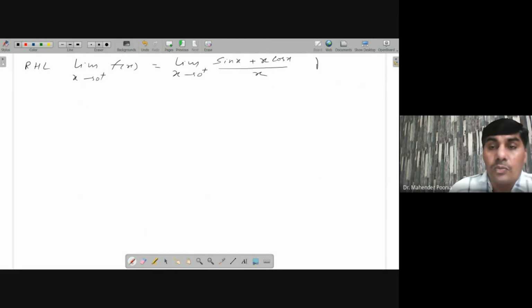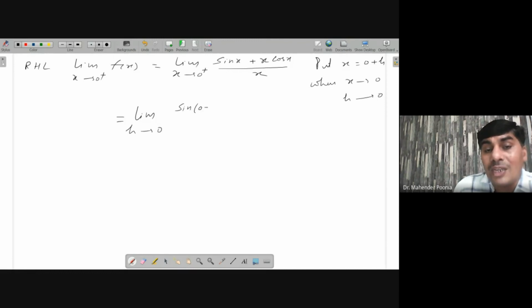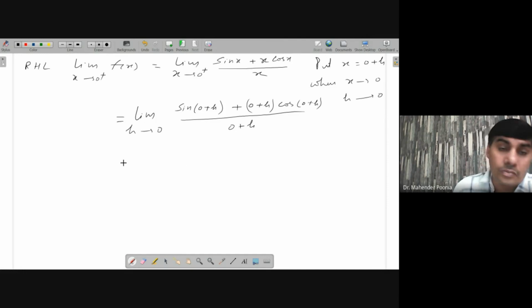Put x is equal to 0 plus h. When x tends to 0, h tends to 0. So the given limit becomes limit h tends to 0 of sin(0 plus h) plus (0 plus h) into cos(0 plus h) divided by (0 plus h), right?